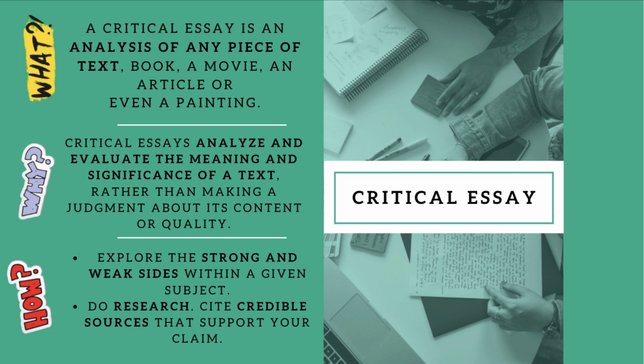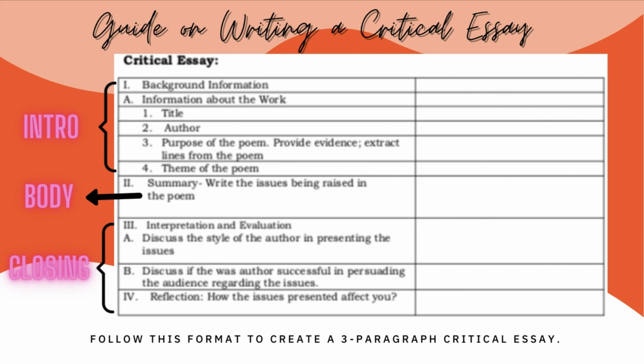Normally, critical essays are written in 5 paragraphs, but as for this activity, you will only be writing 3 paragraphs. With the help of this guide on writing a critical essay, in your module, you can find this table. By answering the questions in this table, you will be able to construct your introduction, your body, and closing.